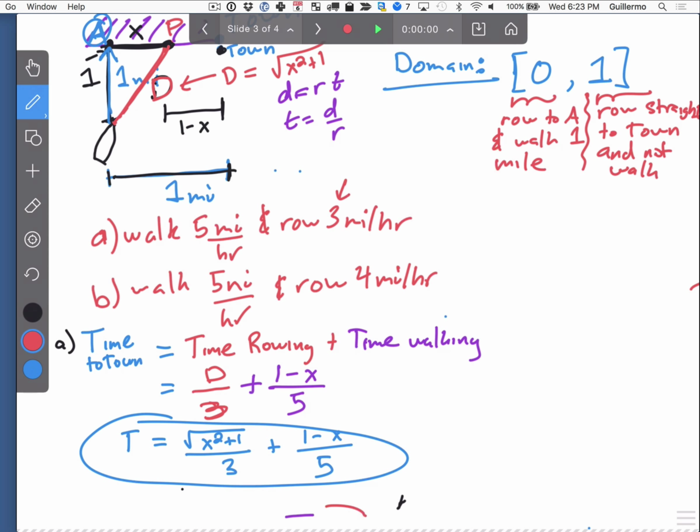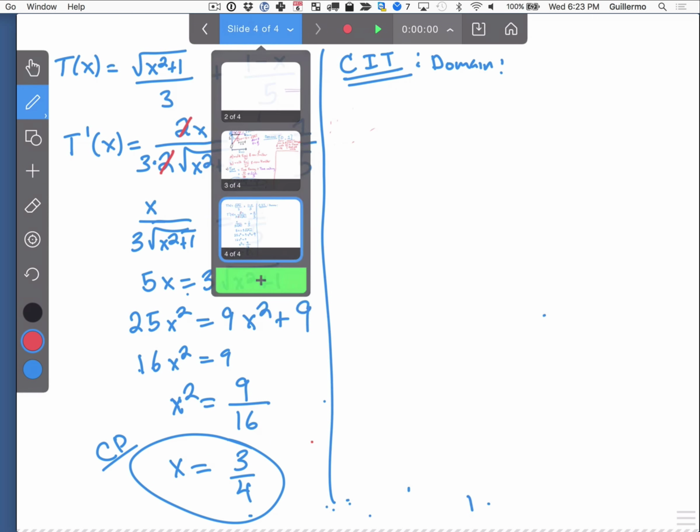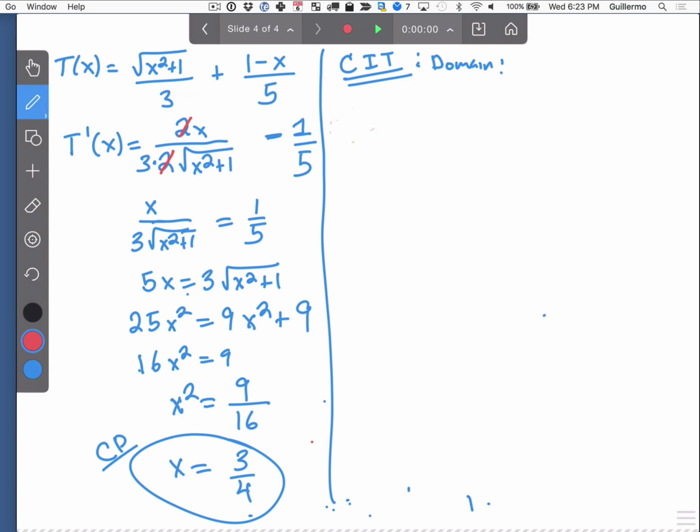So why don't we just do it right here? We're going to look for the time at 0, the time at 1, and the time at 3/4. Does that make sense?